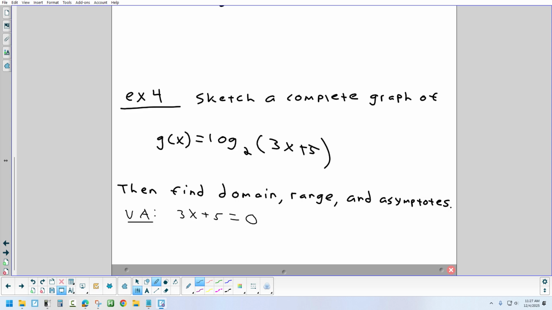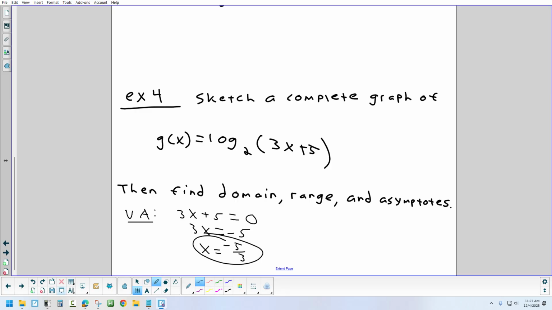Set the argument equal to 0 and solve. So we get 3x equals negative 5, or as a fraction, x equals negative 5/3.